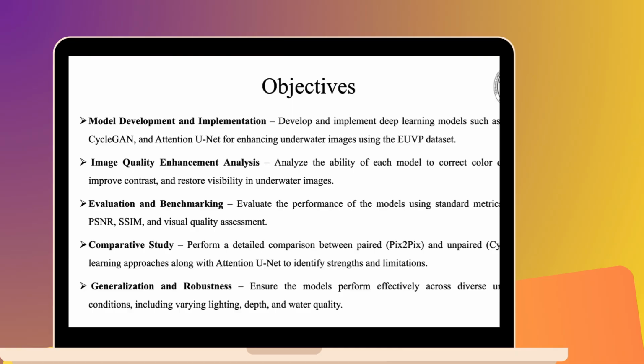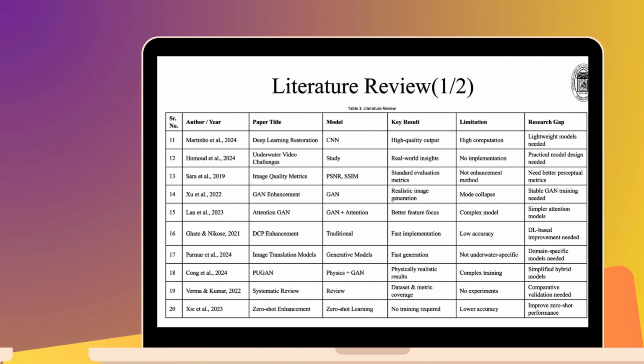Fourth, to compare paired and unpaired learning approaches. Fifth, to study the robustness and generalization ability of these models under different underwater conditions. So now I will hand over the presentation to Gaurav, who will explain the literature survey and proposed methodology.